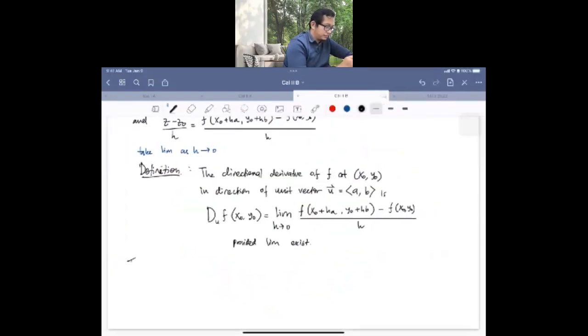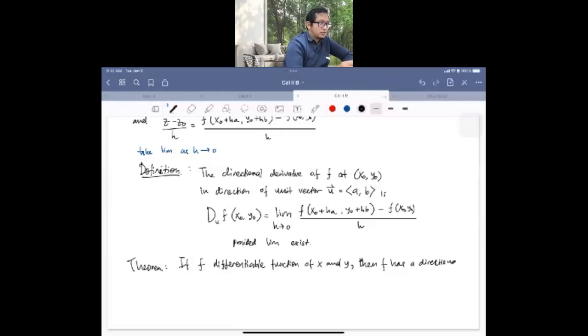Let me write the theorem: if f is a differentiable function of x and y, then f has a directional derivative in the direction of any unit vector u.